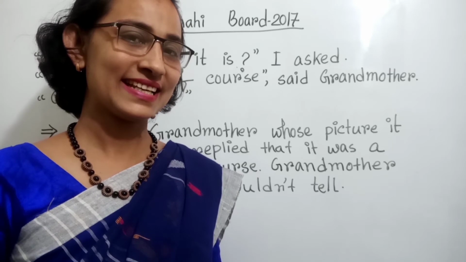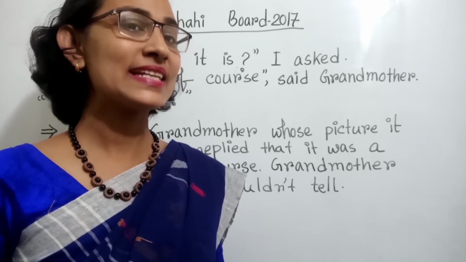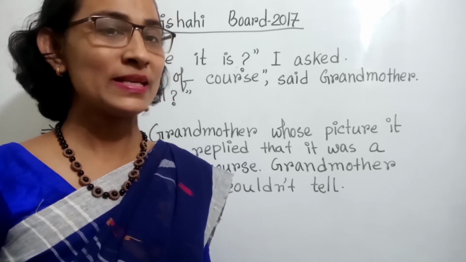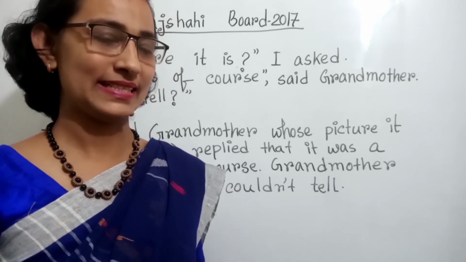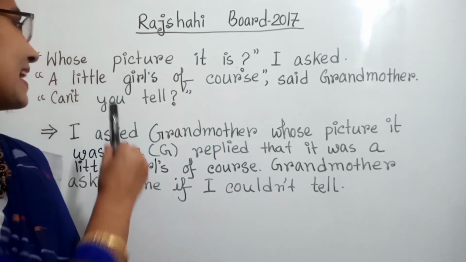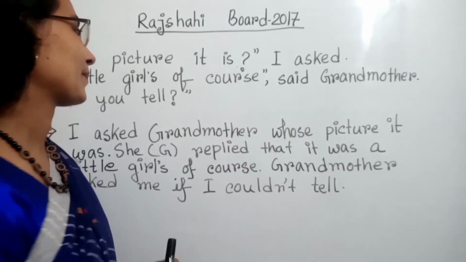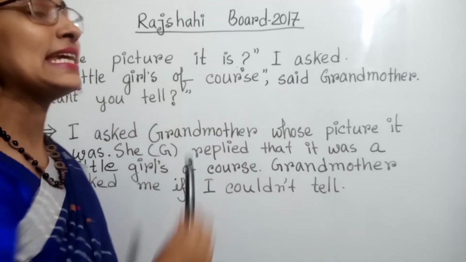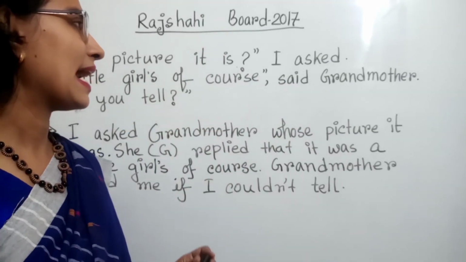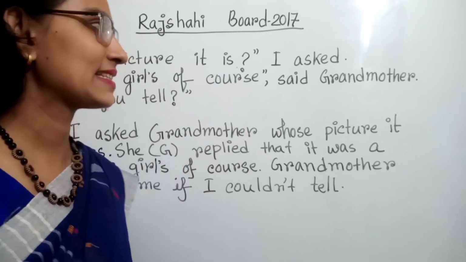Dear students, now I will show you how we can change the passage from direct speech to indirect speech. Look, the first sentence is, "Whose picture is it?" I asked. It is an interrogative sentence and the tense of the sentence is present tense.